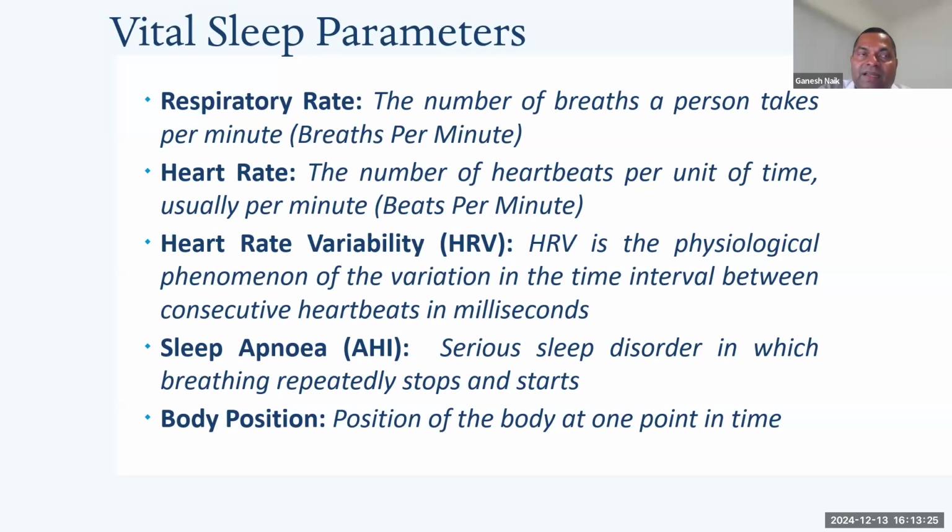HRV is very important for assessing many physiological and health conditions, including diabetes and other things. Heart rate variability is measured in both time domain and frequency domain. It is basically how the heart rate changes per minute or per second. So the variability in the heart rate is called HRV.